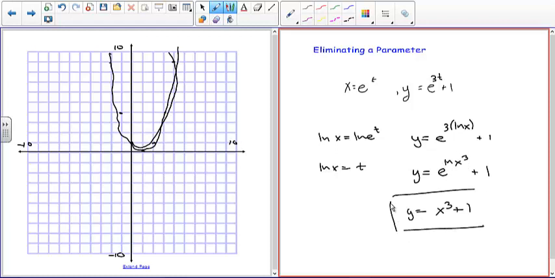So that would be the rectangular form, which is something that looks like that. So this is the parametric form. And if you did that on your calculator, you could do this one, you could do that one, you get the same curve. You'd have to make sure you specify t correctly.